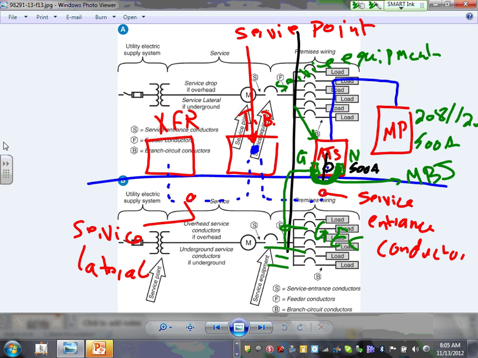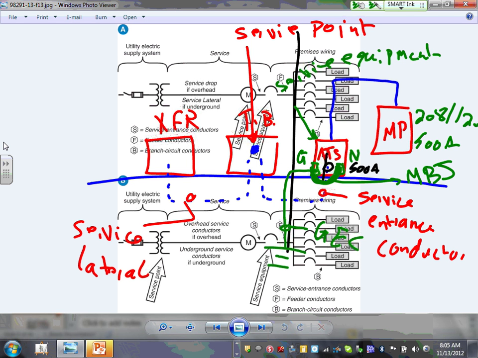We understand how we brought the power from the transformer into the termination box, which is the service point, and inside the building, at the service entrance equipment, we bond the neutral to the ground, and take the ground bar to the ground and bond it, right?